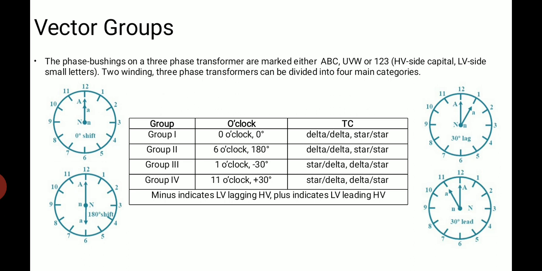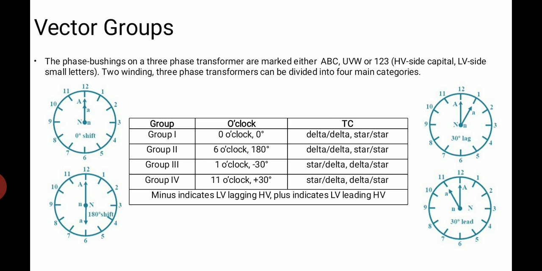If we refer to the clock, then the minute hand is used to represent the primary phase to neutral voltage and is always shown at position 12, whereas the hour hand represents the secondary phase to neutral voltage and, depending upon the phase shift, occupies a position other than 12, as you can see in the figure.